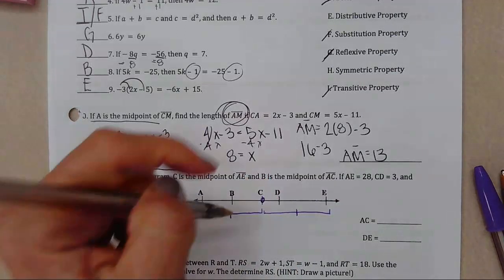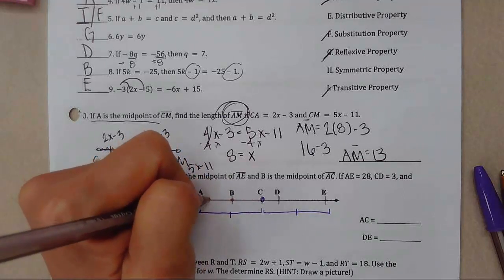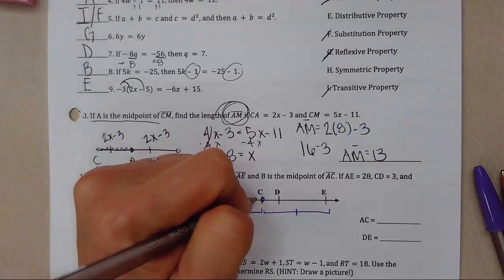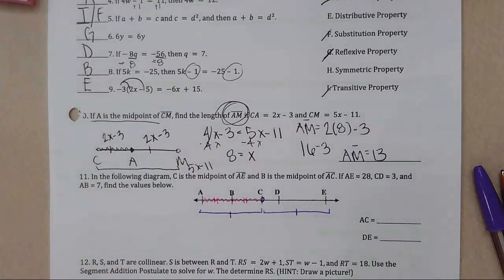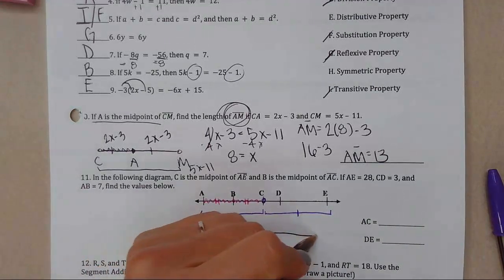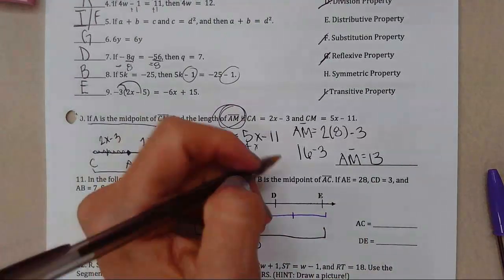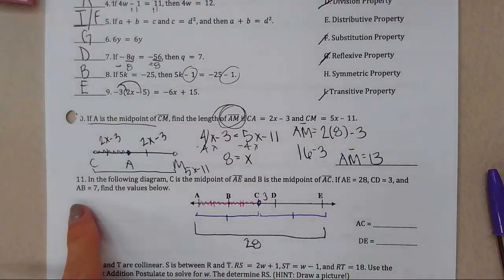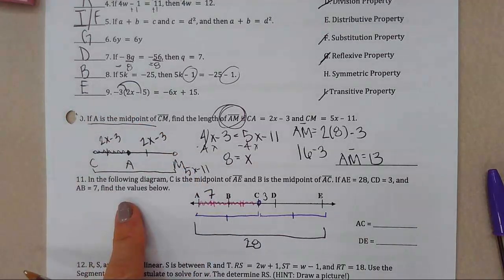It also says that B is the midpoint of AC. So these two pieces are congruent. If AE, our whole segment, equals 28, and CD, this little guy right here, equals 3, and AB equals 7, find the values below.